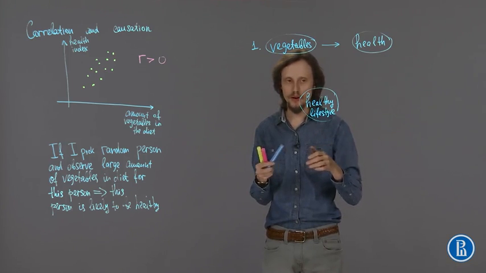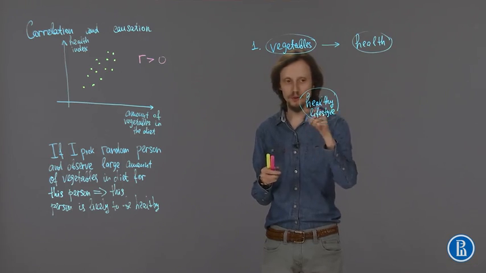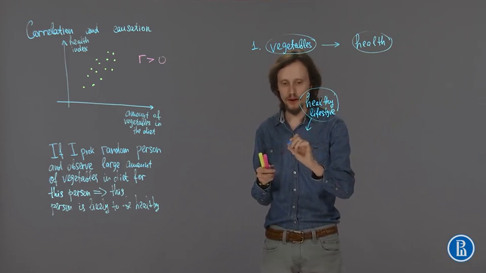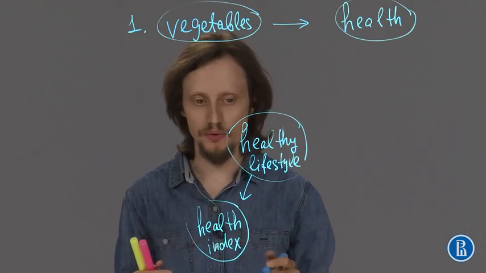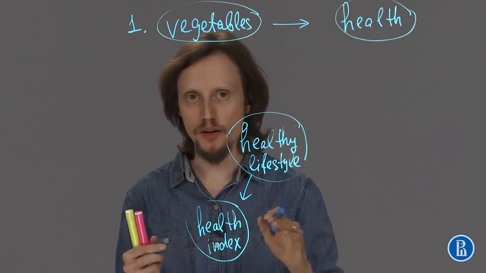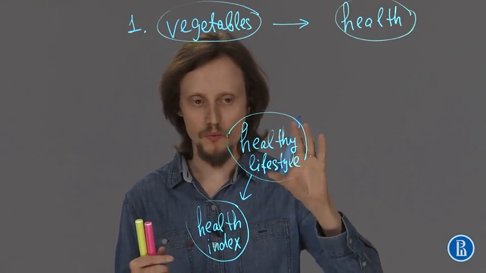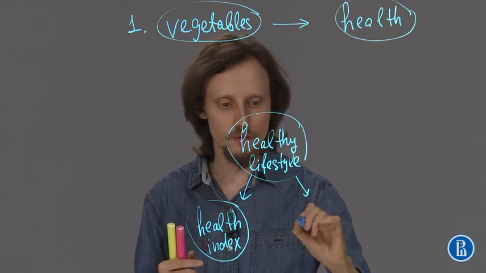So they are interested in their health. In this case, it is possible that healthy lifestyle itself acts on the health index, and as we believe that those persons who prefer healthy lifestyle eat more vegetables, we assume that healthy lifestyle also acts on vegetable consumption.